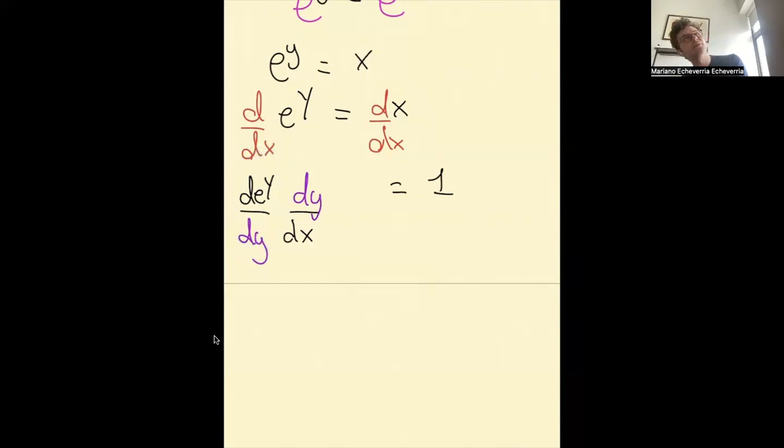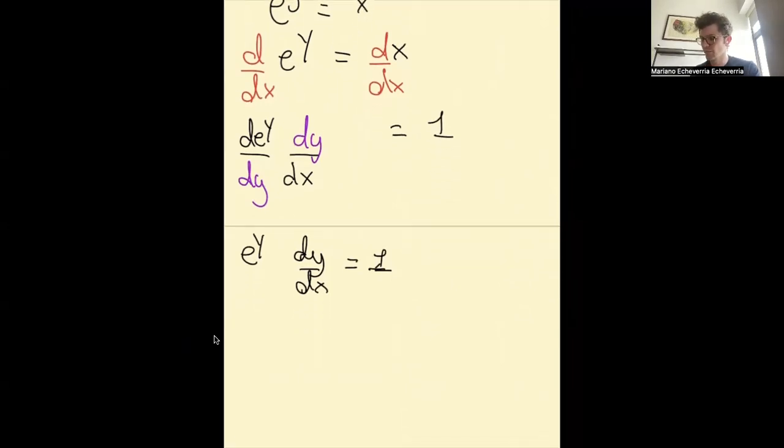Well, it's just itself. The derivative of e to the x is e to the x. So by the same logic, the derivative of e to the y with respect to y is just going to be e to the y. So these just give you e to the y again. That can be a little bit confusing, but you just get the same answer. So that means that dy dx is 1 over e to the y.